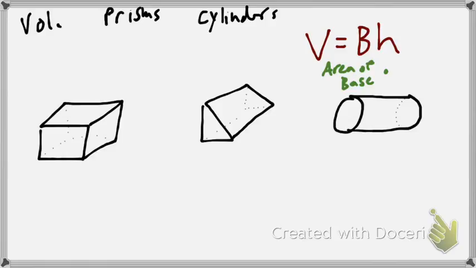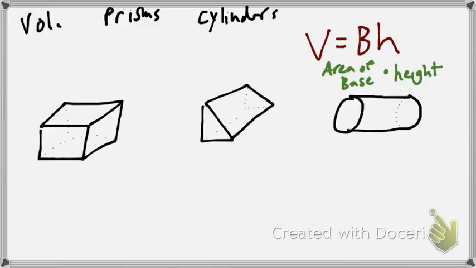All right. Capital B is reserved for 3D shapes, where we have multiple sides that we need to look at. And then H is exactly what you would think. It's height. Now, we need to make sure that our 8th graders can identify what the base is and what the height is.